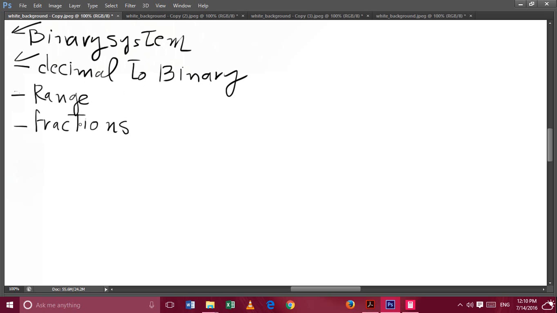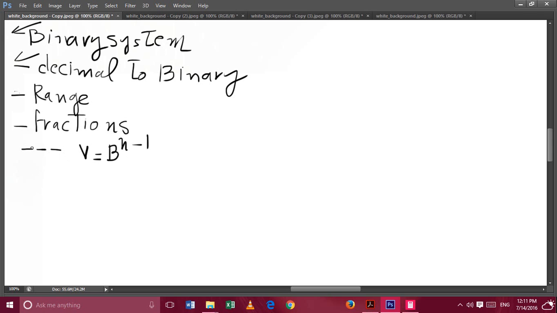So let's start by talking about range. Just a quick recap on what we covered last time. In any numerical system, whether it's the decimal system or the binary system, we have what's called places, right? And these places have values. In the binary system, the value of any place equals b raised to the power n minus 1, where n is the rank of this place.